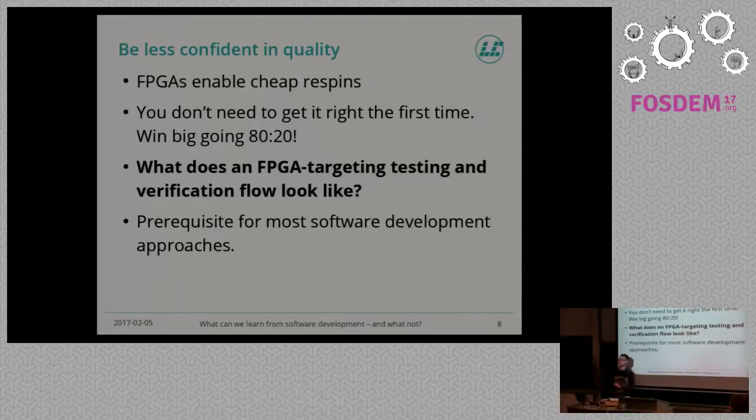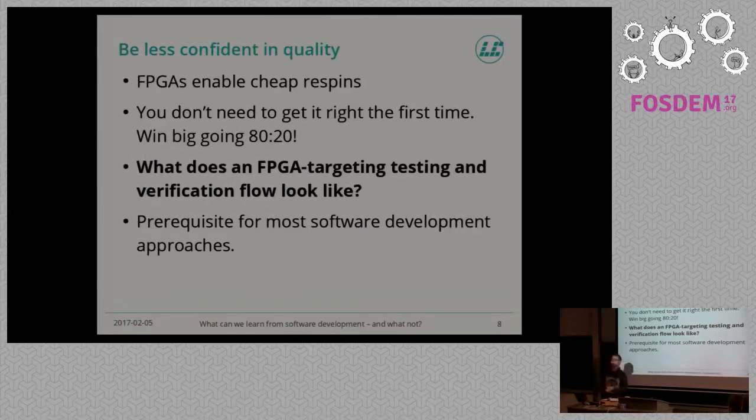Just to mention one simple example, there's CocoTB, which is a test bench generating framework written in Python, which is actually targeted at FPGA designs, and gives you very nice productivity. That's one example that people should know more about.